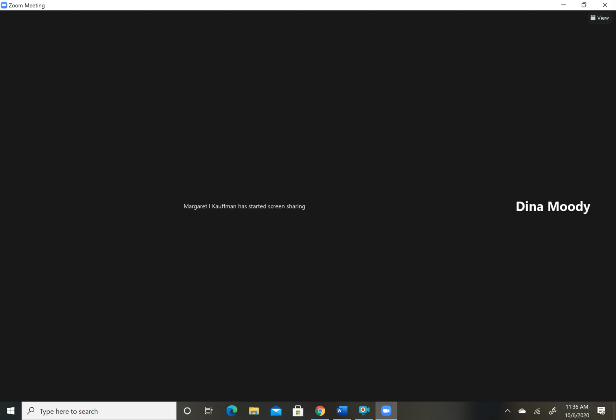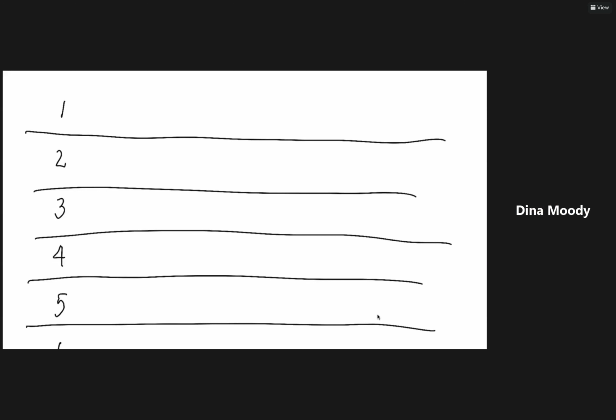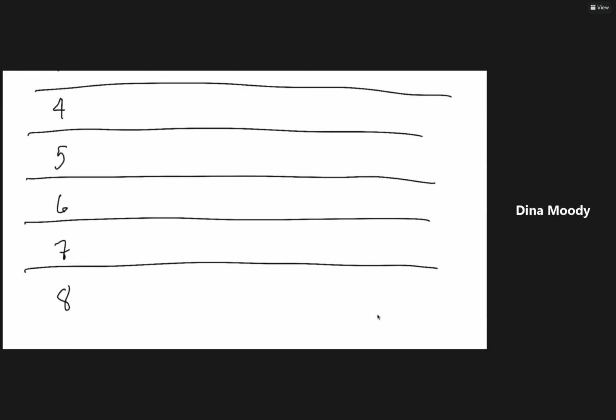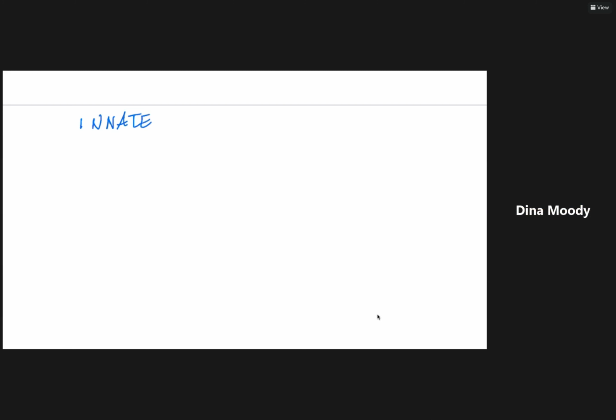Okay. Well, I did my favorite when it comes to compare and contrast, and I did a table. For each one, I'll start with innate, and then I'll move to adaptive. I'll try and set it up as a table. So innate over here, and adaptive over here.